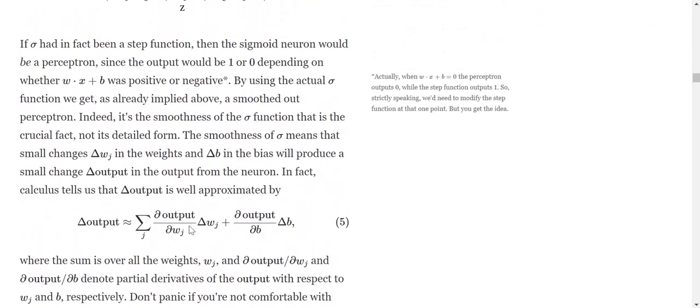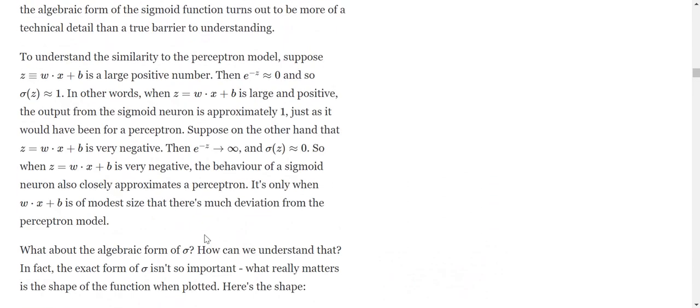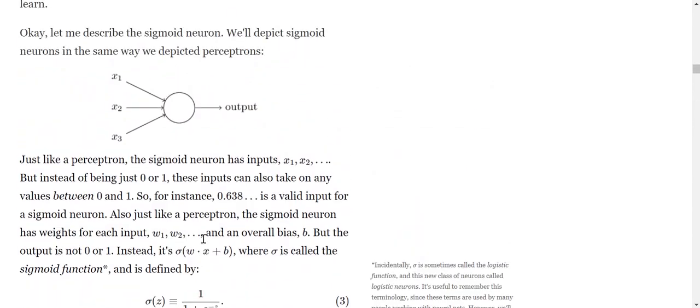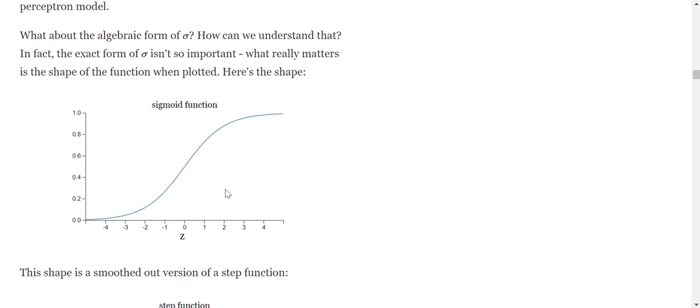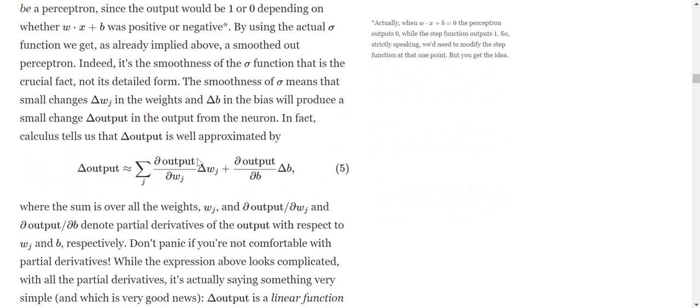Okay, so to really grasp what this was, let's go back to the function which we had. Our function was sigma of w dot x plus b, right? If you have a look at this, w dot x was essentially the summation. So they've just taken the derivative with respect to the summation first, so with respect to the weights.